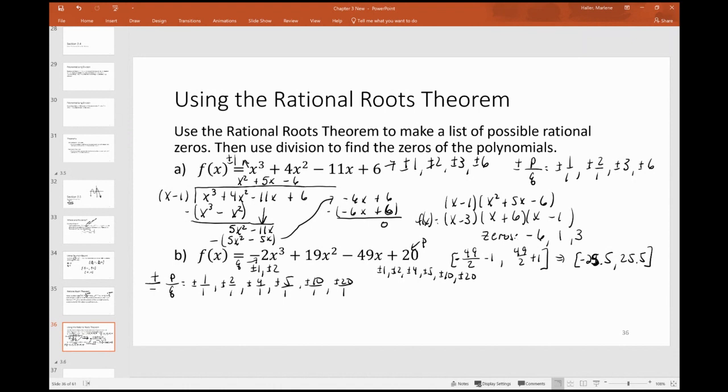Then I can have plus or minus 1 over 2. Plus or minus 2 over 2 is 1 over 1, I already have that. 4 over 2 is 2, I already have that. Then I can have plus or minus 5 over 2, 5 halves. Plus or minus 10 halves is just plus or minus 5, we already have that. And plus or minus 20 halves is plus or minus 10, so we already have that.